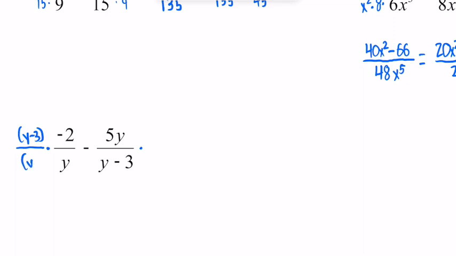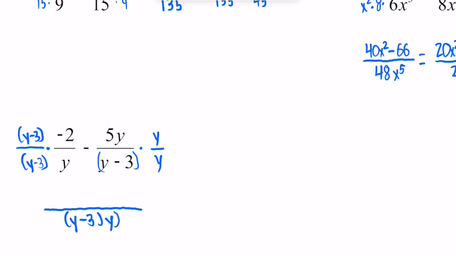In this case, we multiply them both by y minus 3. We multiply the top and bottom of the second fraction by what's on the bottom of the first fraction, which in this case is y. When we do that, our common denominator for our fractions will be y minus 3 times y.